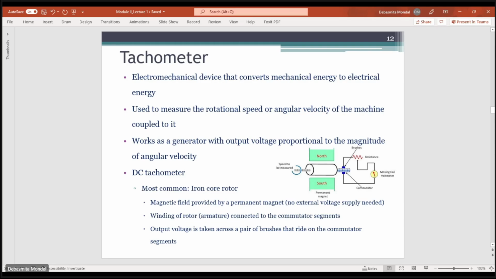What you will do is connect the shaft of the tachometer to the machine whose velocity we are trying to measure, and depending on the speed at which that motor is rotating, we'll get an output voltage which is proportional to that speed.